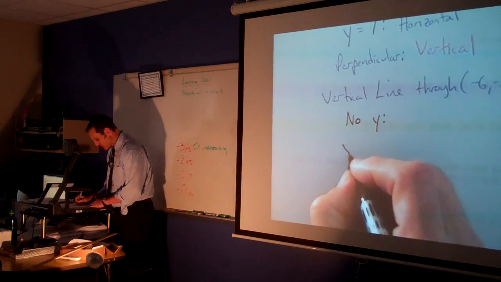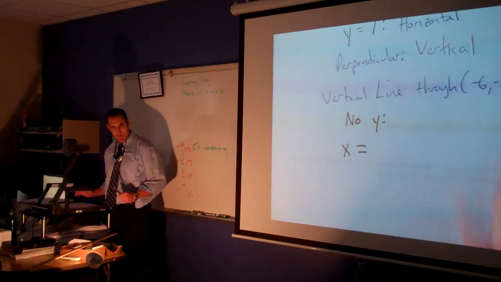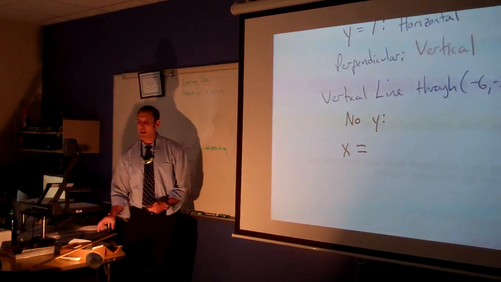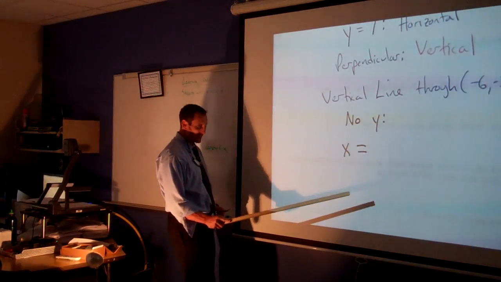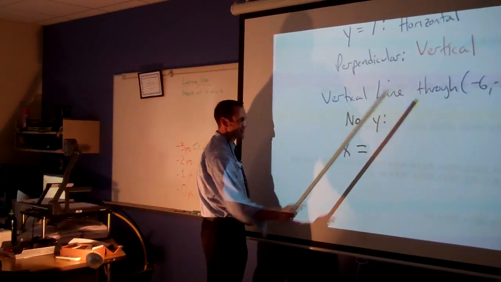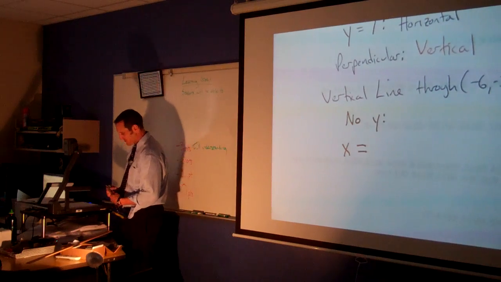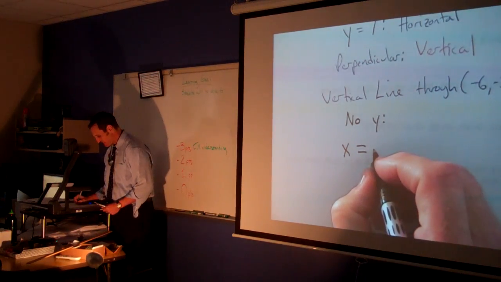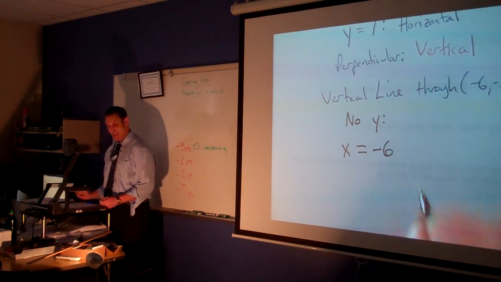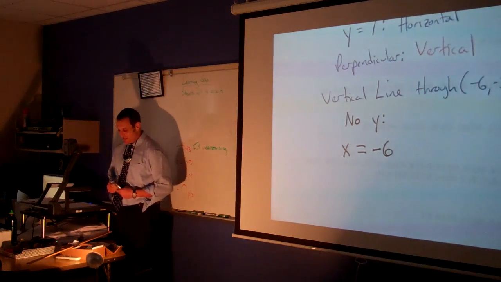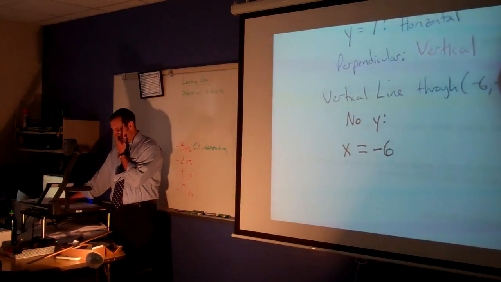So the equation is going to be x equals something, and the value of x depends on the x coordinate of the ordered pair. The x coordinate is -6, so there's our equation. X equals -6. That is our equation.